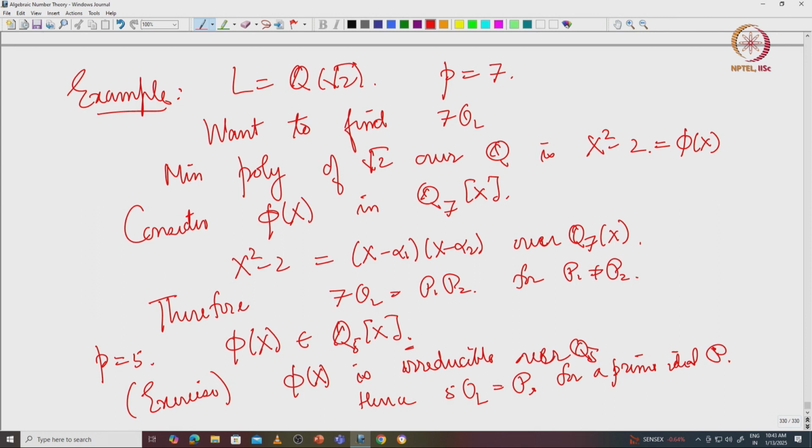So, it is either this or 5 O_L is P squared. We do not know which case it is right now. That is why just looking at local fields does not give you complete information. In this case it could be P or it could be P squared, we do not know, and this is the kind of thing that we want to distinguish, and that is what we are going to do today.